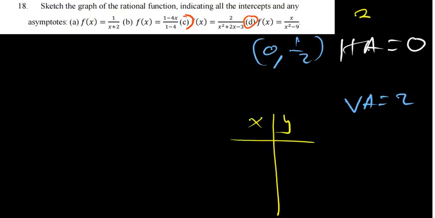Because the graph is not supposed to touch 2, when plugging in the values, what we normally do here is get two numbers on each side. This is a 2. I have to get two numbers right and two numbers left. So I'm going to get two numbers left, which are 0 and 1.